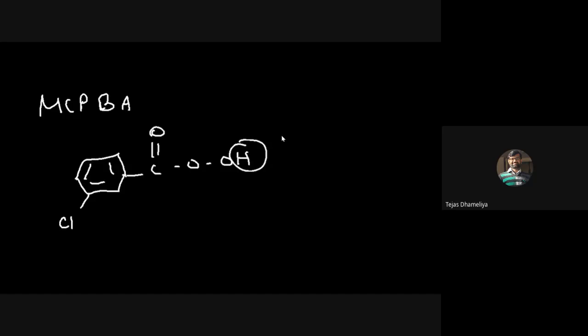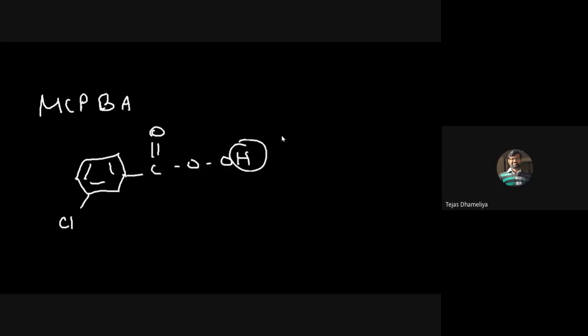There is a popular reagent which is called MCPBA. The full name of MCPBA is metachloroperoxybenzoic acid. So this is also a peroxy acid. Since it is metachloroperoxybenzoic acid, that is why it is termed so.